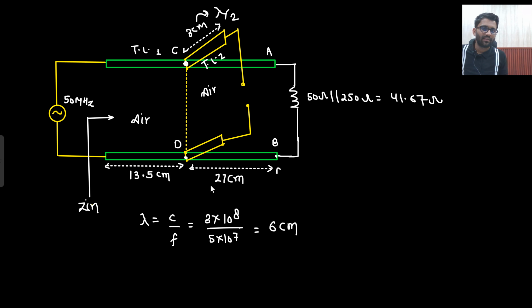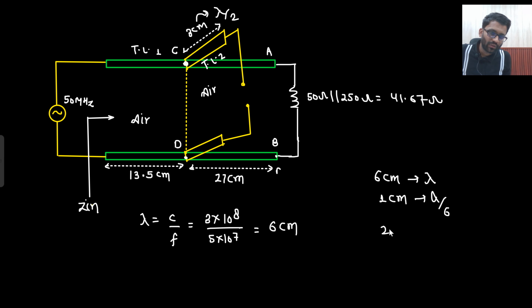Lambda is equal to 6 centimeter, so 1 centimeter is equal to lambda by 6. So 27 centimeter will be equal to lambda by 6 into 27.